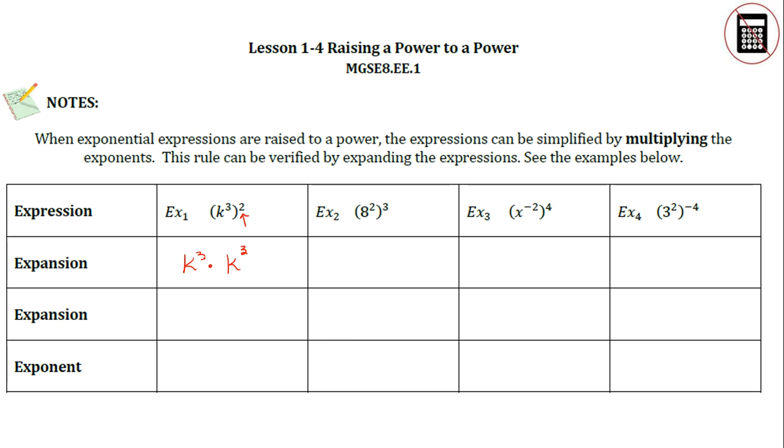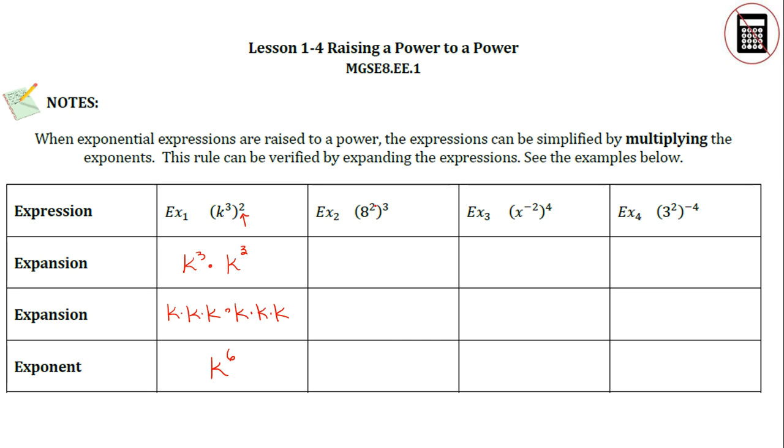Now we're going to expand the 3 on each k. So I have k times k times k times another set of k to the thirds. Now, when we write this as a single factor, we really have k to the 1, 2, 3, 4, 5, 6. K to the 6 is my final answer.